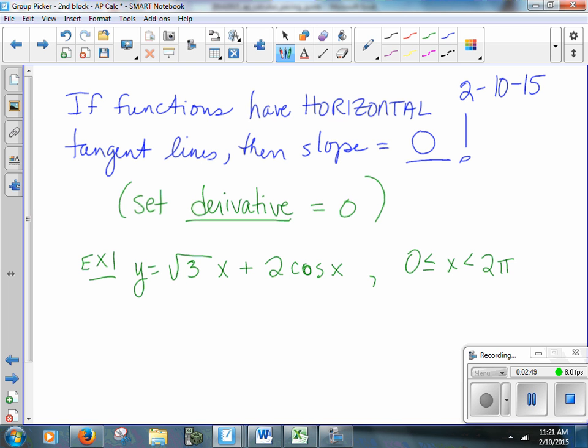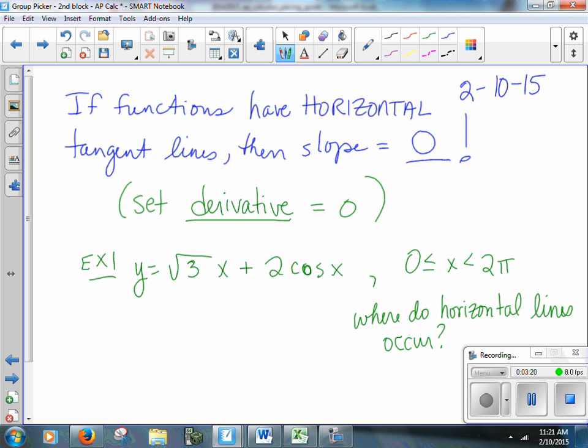So here's what we've got to figure out. We have to figure out where horizontal lines occur. We have our function, which looks really weird, the square root of 3 times x plus 2 cosine x.